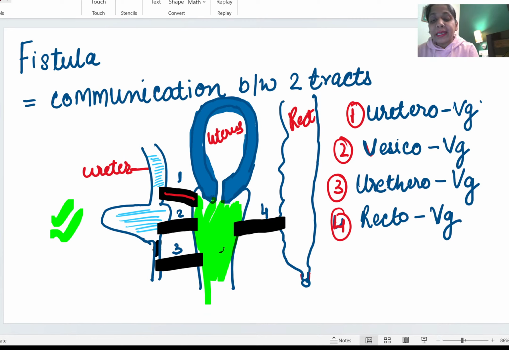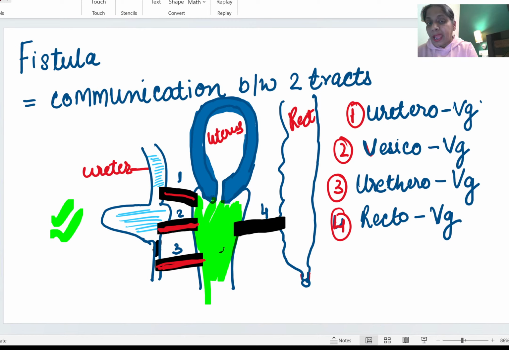And if the communication is here, the second one, it will be known as vesicovaginal fistula. The third one, the communication between the urethra and the vagina, is known as urethrovaginal fistula.